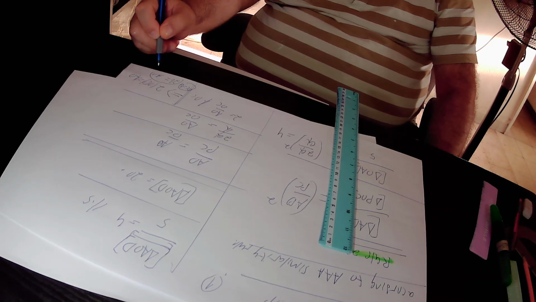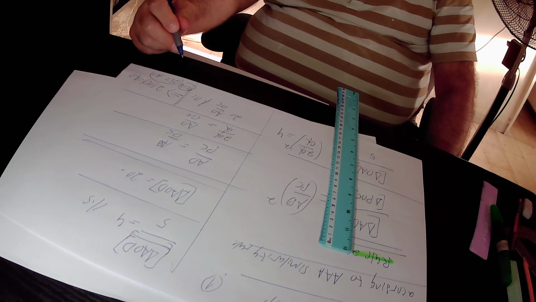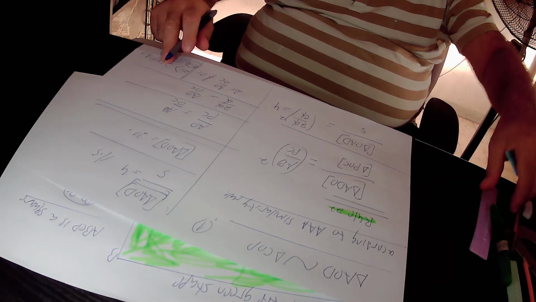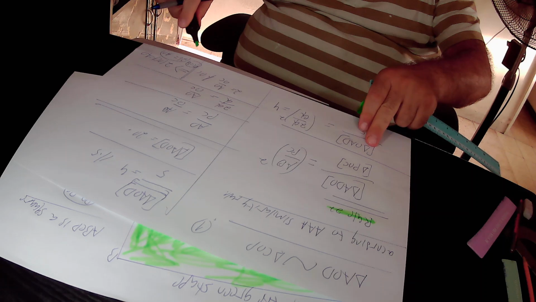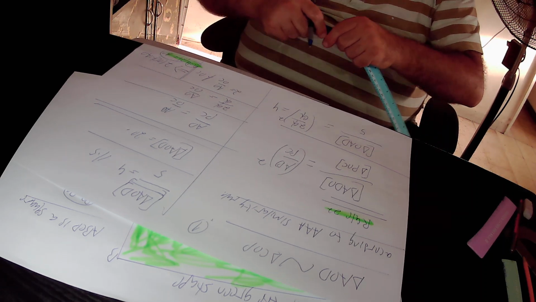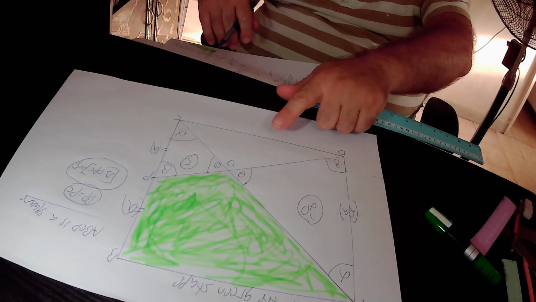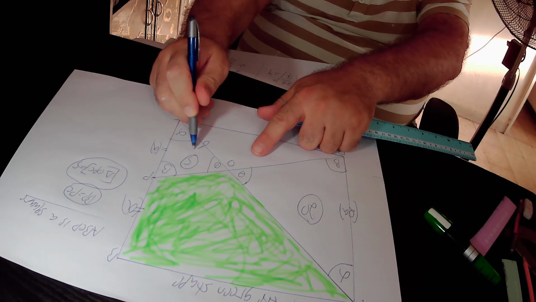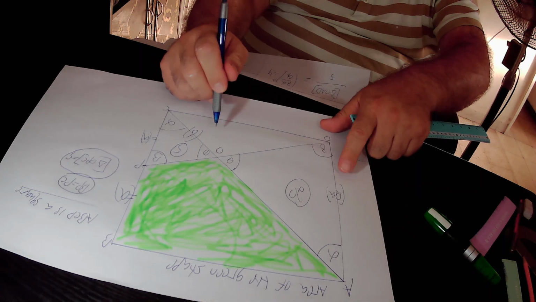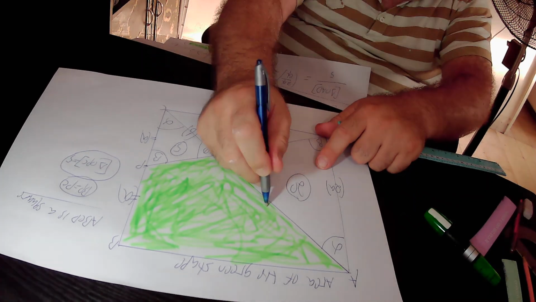That is to say, AO is twice as long as OC. In total, we found that if OC equals B, then AO equals 2B.